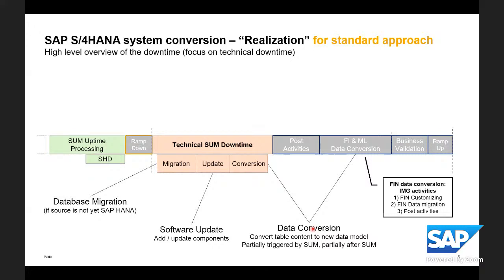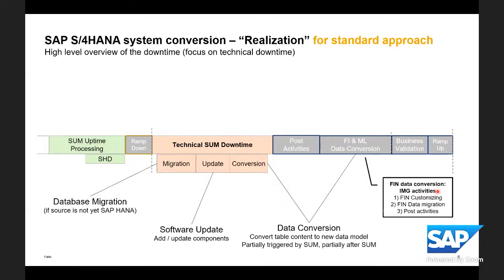What does afterwards mean? As soon as the software update manager is finished, has executed its own tasks and some downtime, there are some post activities, and then the ABAP system is running, but the SAP S/4HANA system is not yet available for end users, since the colleagues from the financial area, for example, have to execute this fin and material ledger data conversion. Those are IMG activities.